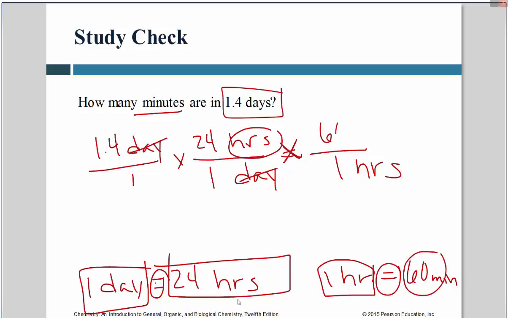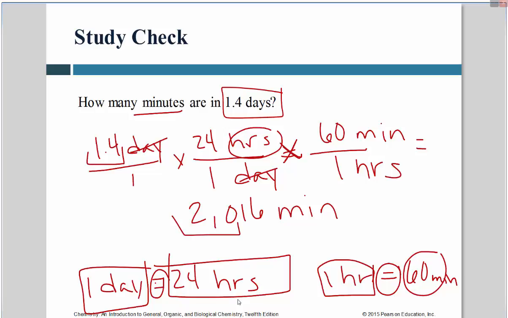So 1.4 times 24 times 60, 2016 minutes. Now, there should be two significant figures here, which means I want the 2 and the 0. The only way to make this the correct significant figure is if I put 2.0 times 10 to the third.